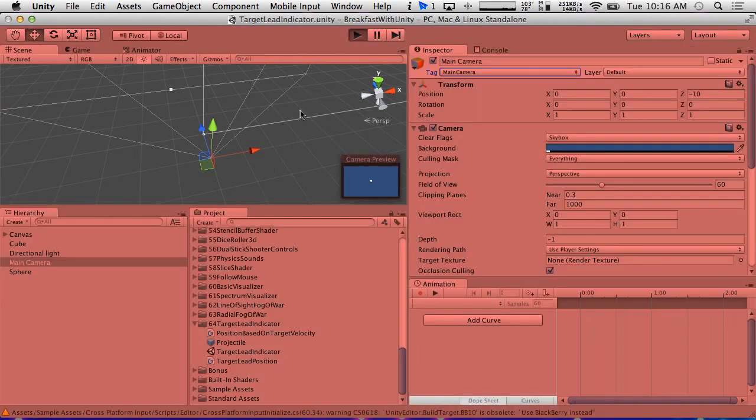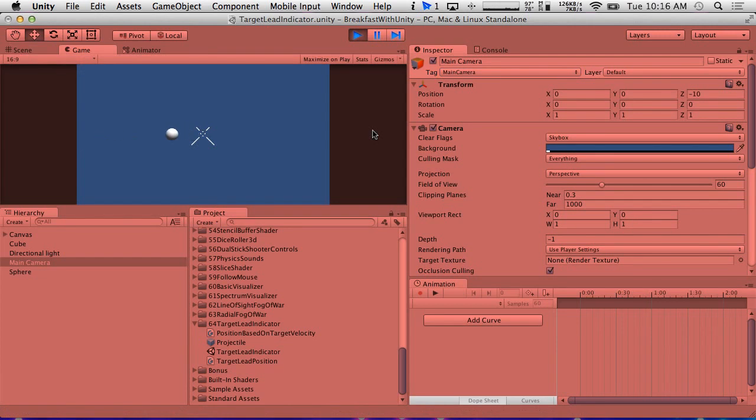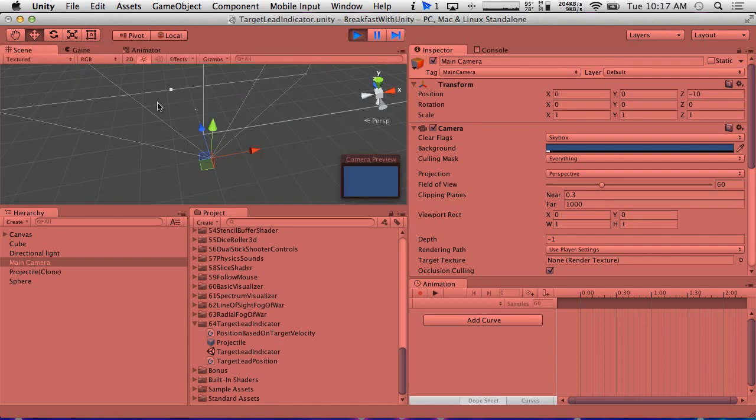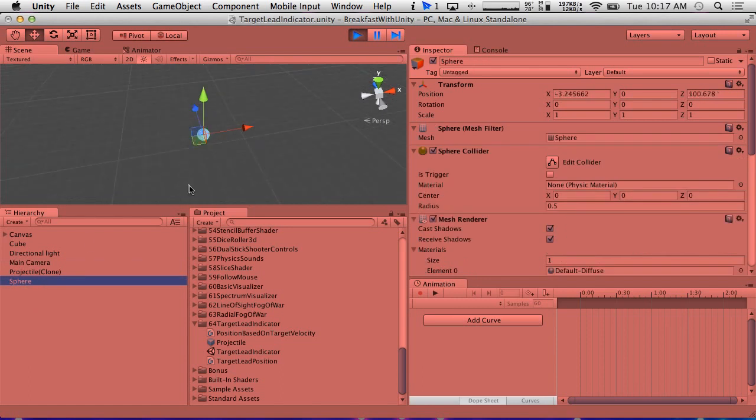So we hit play. We shouldn't get that missing component exception problem anymore. Now if I move this out so that it's moving away from us or something, and we fire. Looking good. Stay on target.